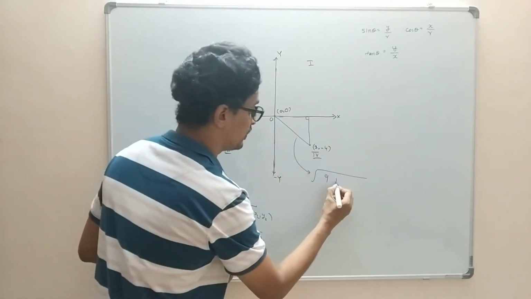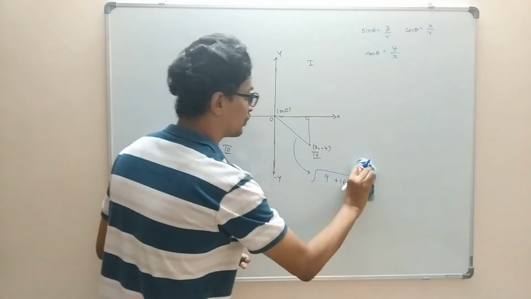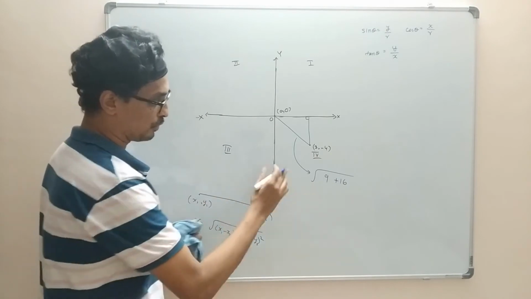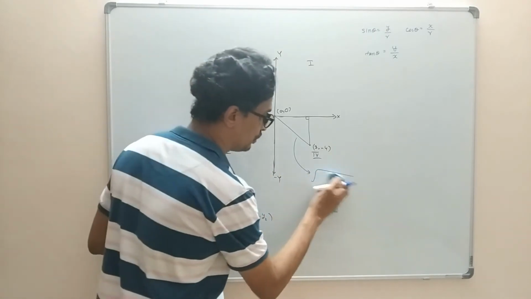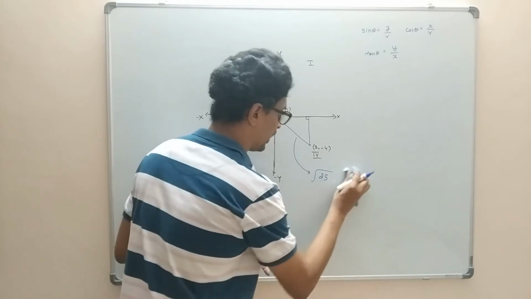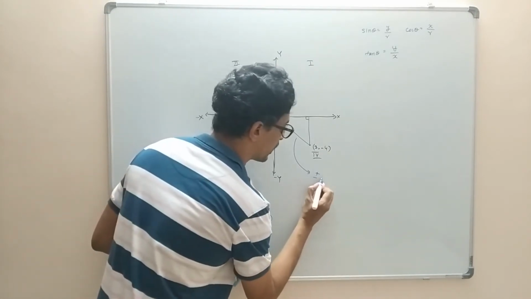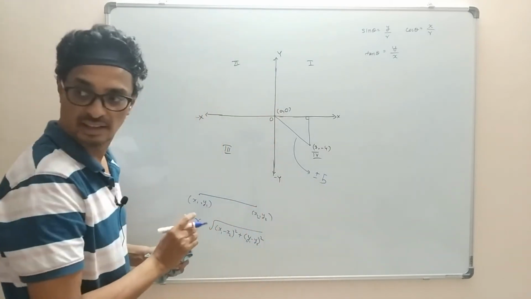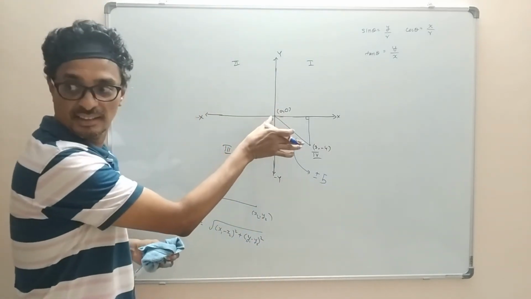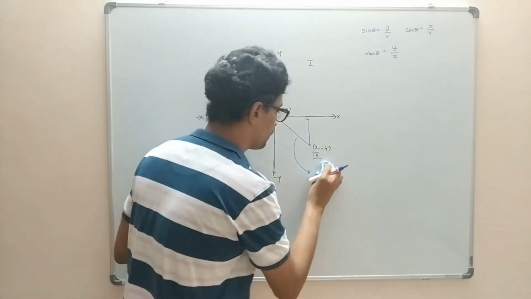Since we are taking the square, this will be 16. So 9 plus 16 is equal to 25. Now when you take the square root of it, it is going to become plus or minus 5. And this is nothing but the radius. We don't have a negative radius, it is always positive. So this is going to become 5.